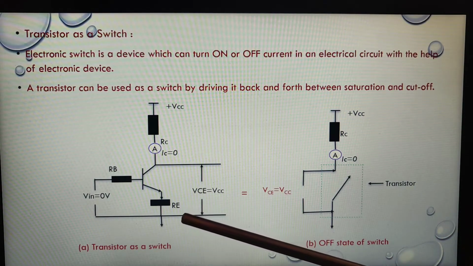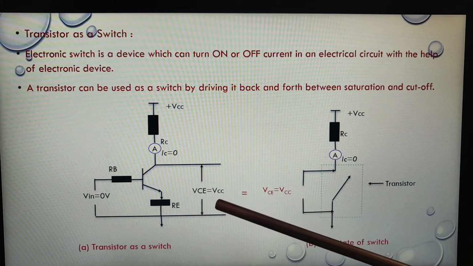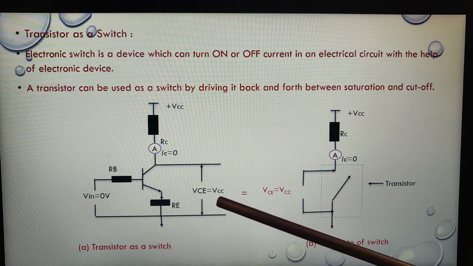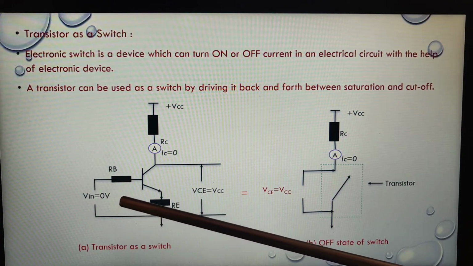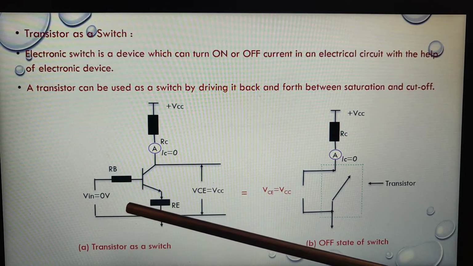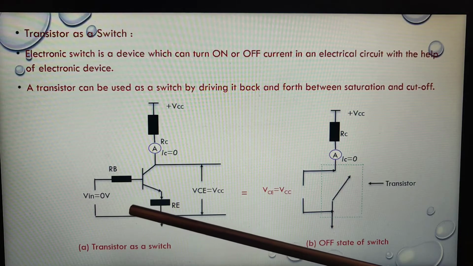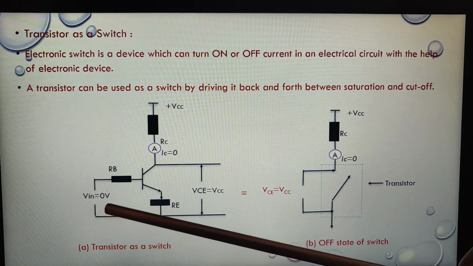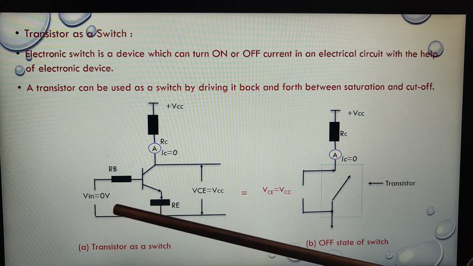Then there is an emitter resistor RE, and at the output VC equal to VCC when zero signal input is applied between emitter and base. So V in equal to 0 volt.